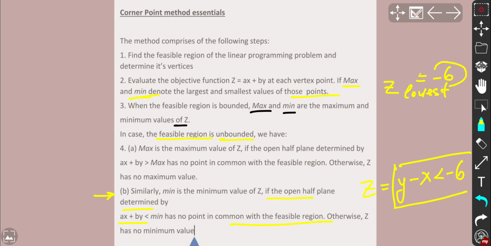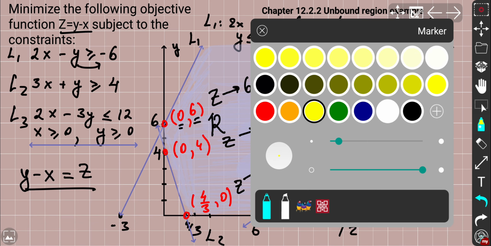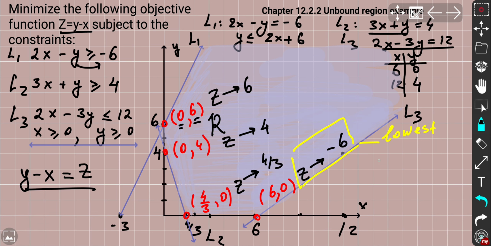So let's move there and say, okay, we've got y minus x less than -6. That's how we are going to test. First of all, we need to build the line as the boundary. So y minus x to be equal strictly to -6. So that's the line.